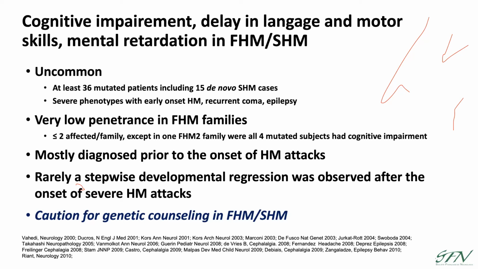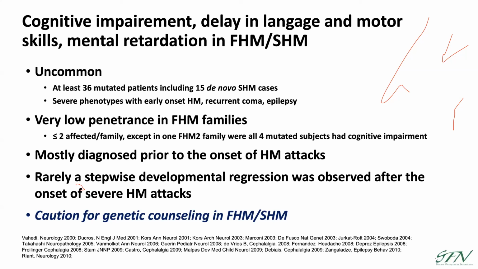However, it has been published in the literature that some little children starting having severe hemiplegic migraine attacks can lose their acquisition, and developmental regression was sometimes observed in a few cases of little children after the onset of very severe hemiplegic migraine attacks.